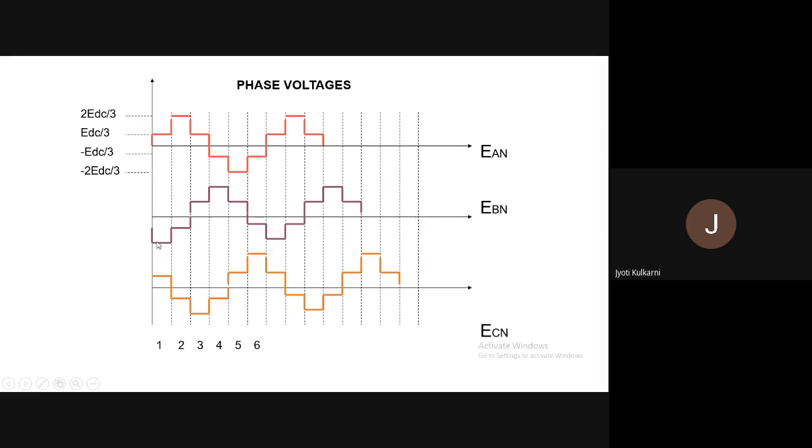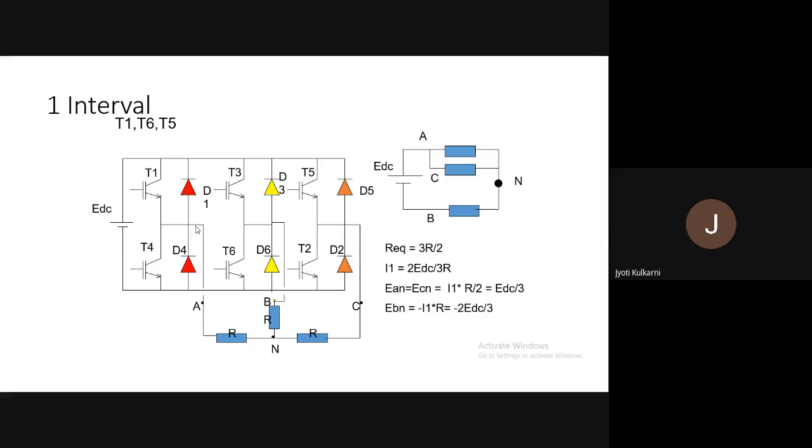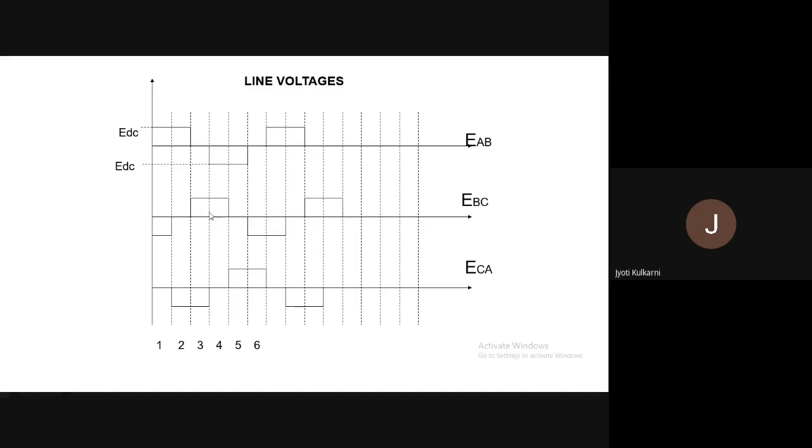Minus 2 EDC by 3. I'll subtract them, so one term minus of the minus second term, it will be nothing but addition. EDC by 3 minus, in bracket, minus 2 EDC by 3. So it will be EDC by 3 plus 2 EDC by 3. So 3 EDC by 3, the 3 gets cancelled, it will be EDC. So you can do these mathematical terms and find out the levels of EAB, EBC and ECA.